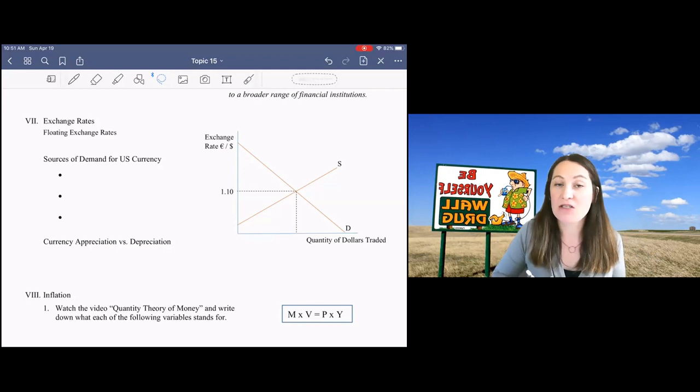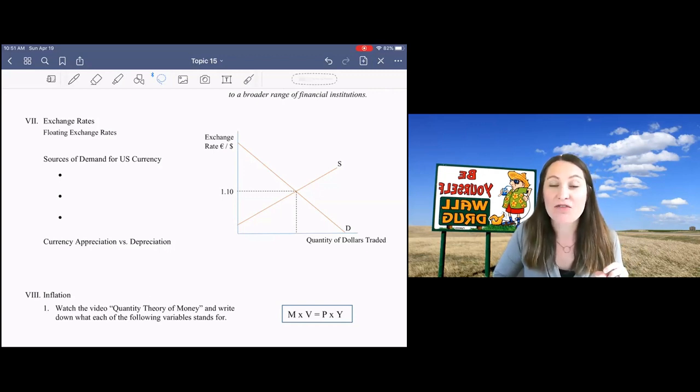Except for in cases where the country pegs its currency to the value of another currency. That is called a fixed exchange rate, when one currency's exchange rate is fixed to another currency.